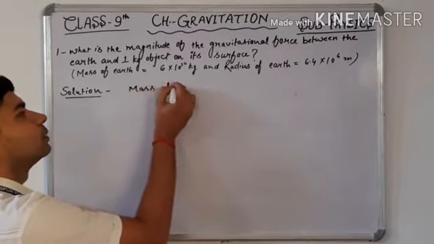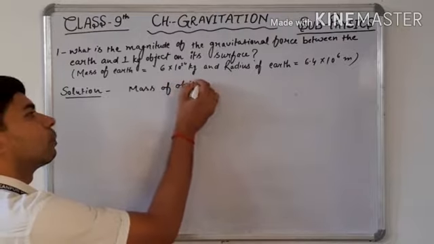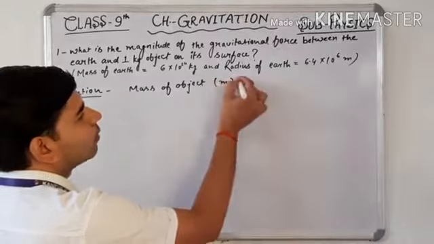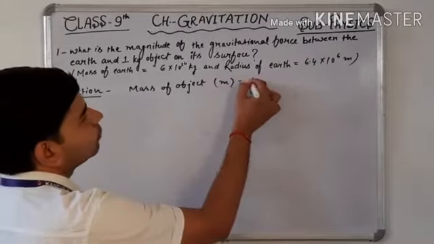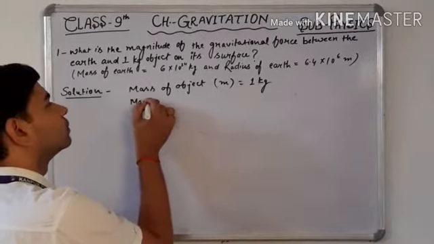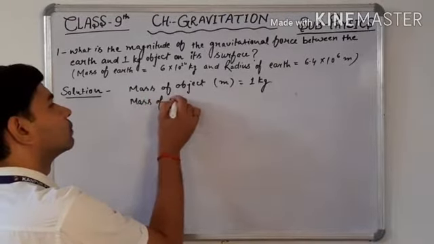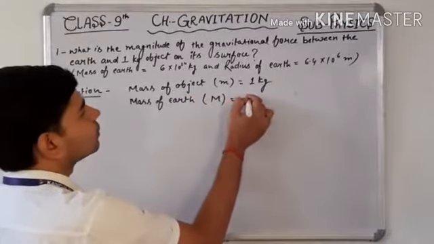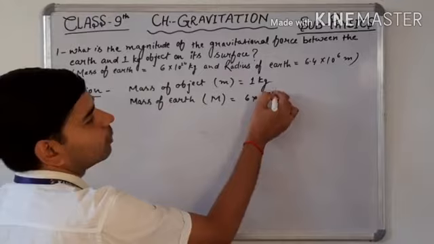Mass of object, small m, is equals to 1 kg. Mass of earth, capital M, is equals to 6 into 10 to power 24 kg.